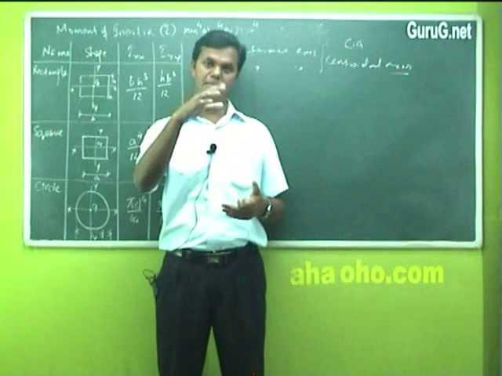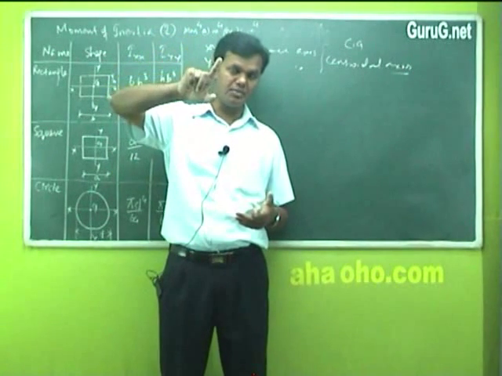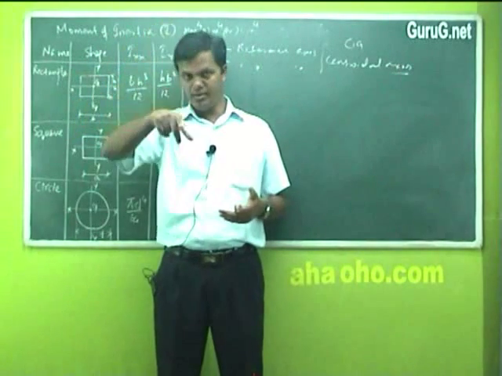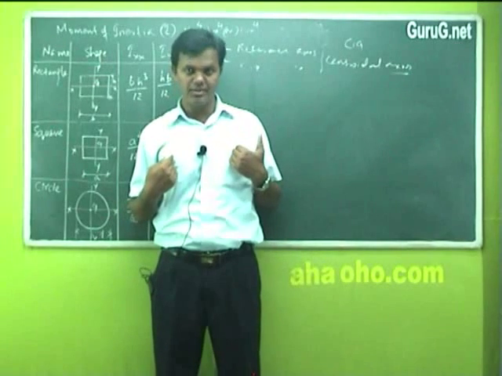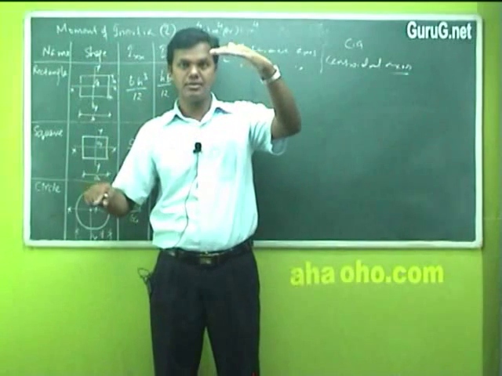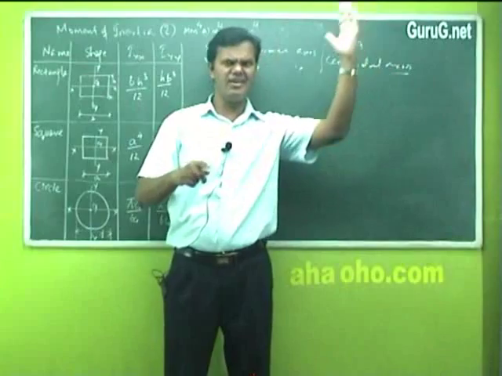Either the reference axis may be parallel to our centroidal axis. The centroidal axis means for the particular body you have xx and yy. My reference axis may be parallel to my body's xx axis, also parallel to my body's yy axis.